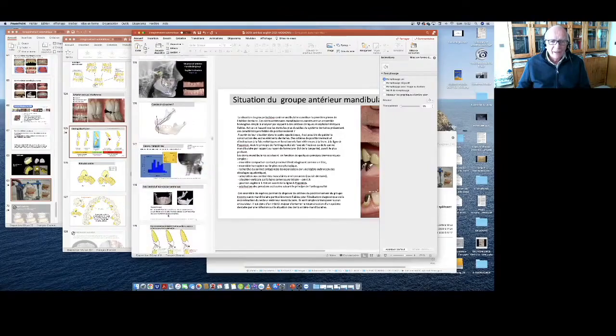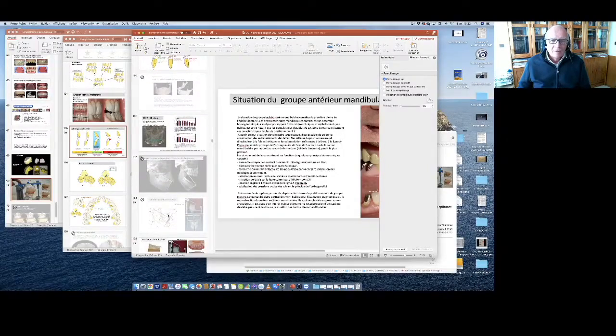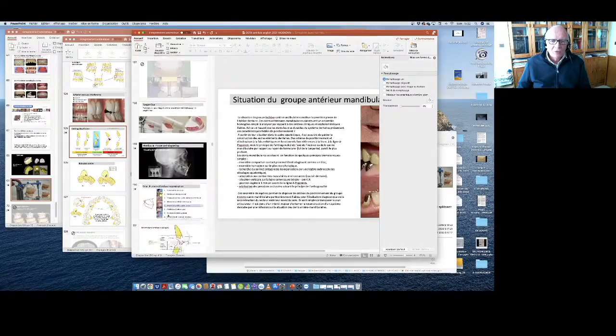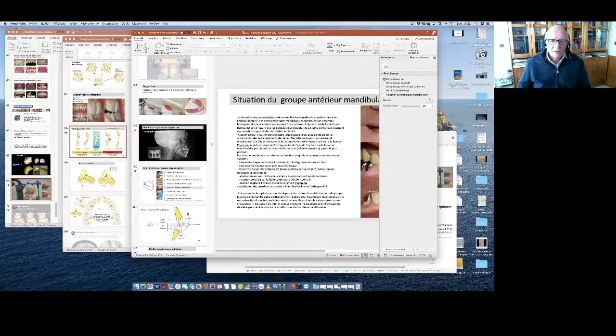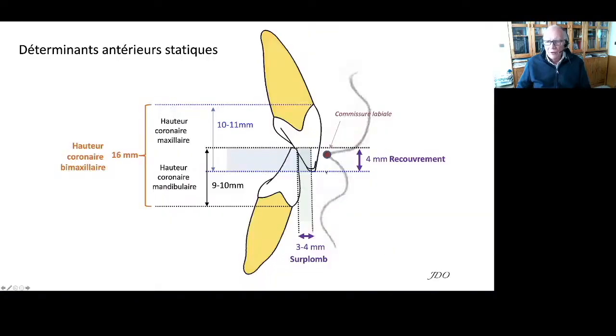And why I insist on this point is because frequently people think we have to start with the maxillary incisors, which are the alpha and omega of occlusion.